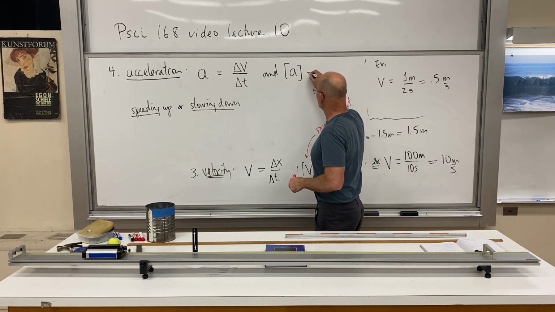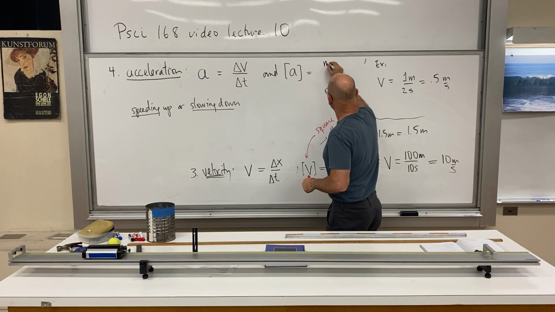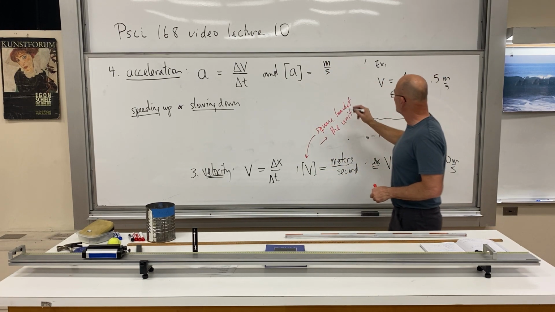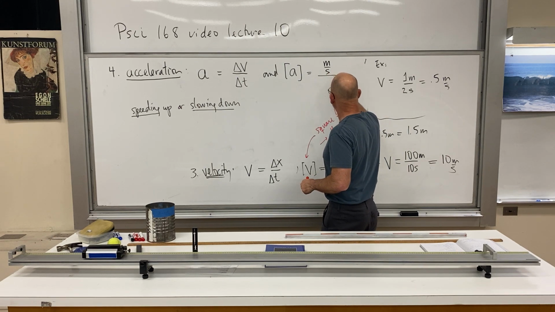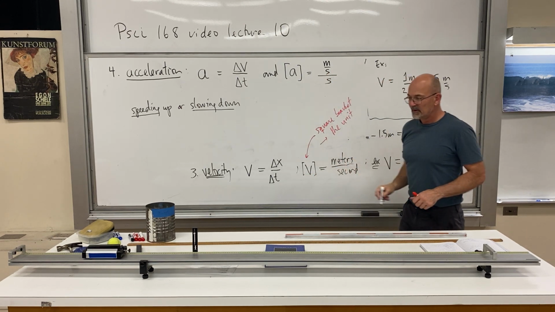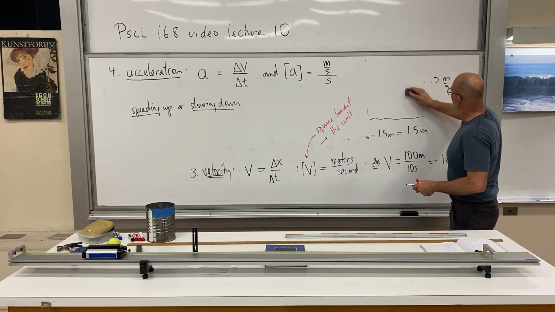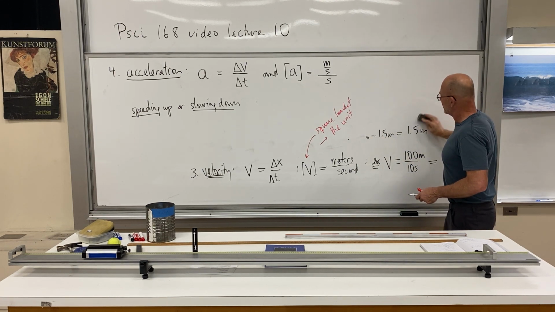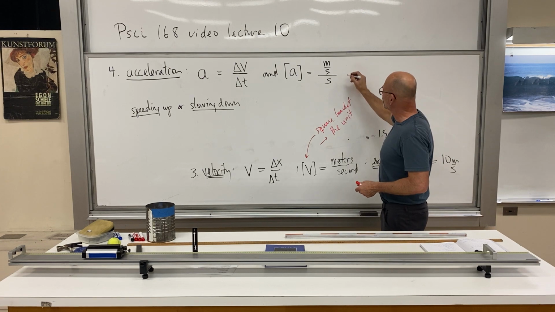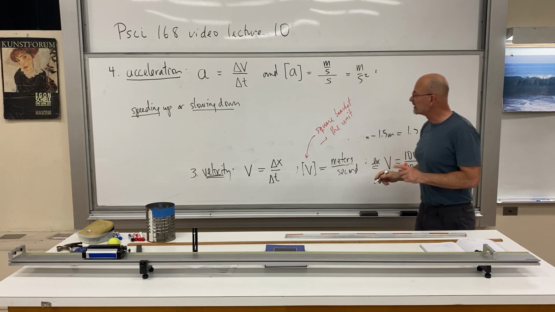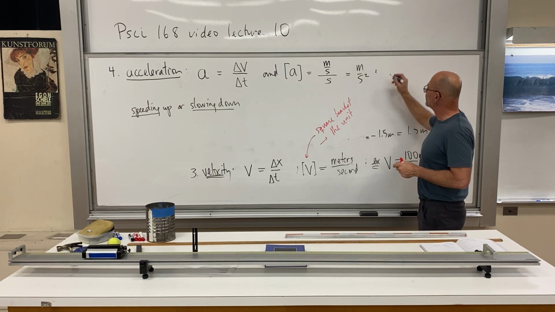And what we have here is in the numerator, meters per second, just like here. And in the denominator, seconds. Okay, so when you multiply that out, or divide it, as it were, you're going to get meters per second squared. So the units of acceleration, meters per second squared.